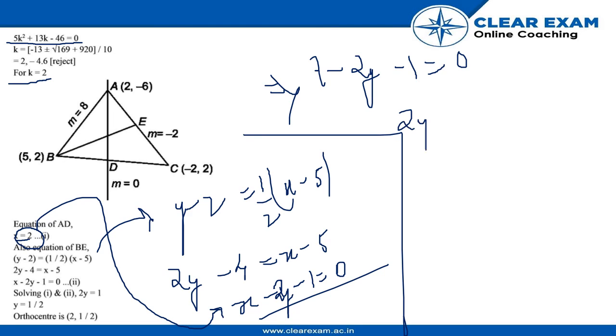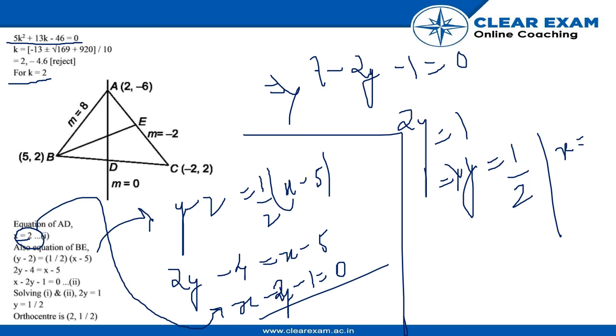That means 2y equal to 1, and that implies y equal to simply 1 by 2. Also from the equation of AD, x was already 2, so we got the coordinates, and simply our answer would be, the orthocenter would be (2, 1/2). This is our answer.